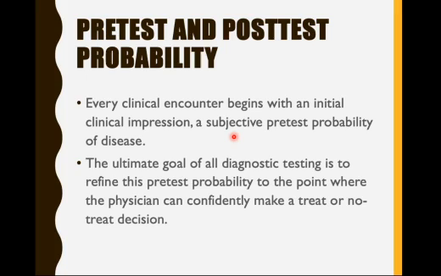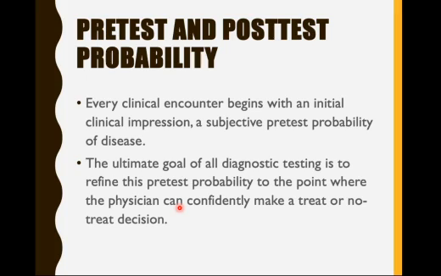Now, what do we do after a clinical impression or a pre-test probability of the disease? We request for laboratory examination. And the ultimate goal of all diagnostic testing, laboratory exam, is to refine this pre-test probability to the point where the physician can confidently make a treat or no treat decision.